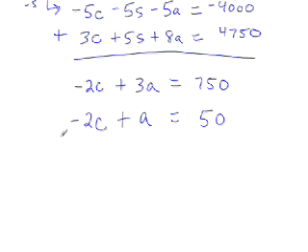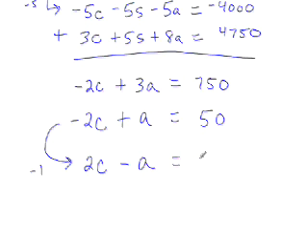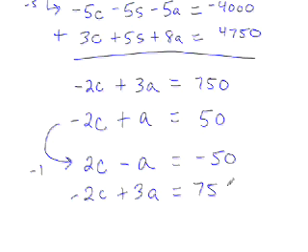Now I have a system of 2 equations with 2 variables that we will solve by elimination. Let's multiply the bottom equation by -1, which means I'm simply changing the sign of all 3 terms, giving us a positive 2C, a -A, and a -50. We'll add our top equation, -2C plus 3A equals 750.